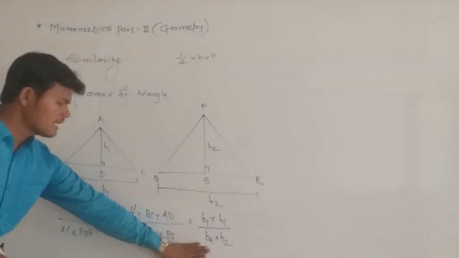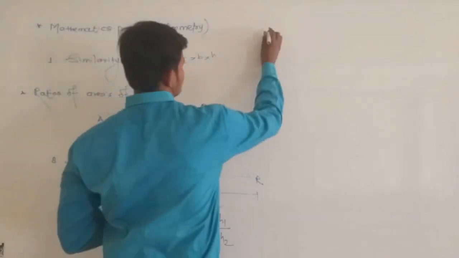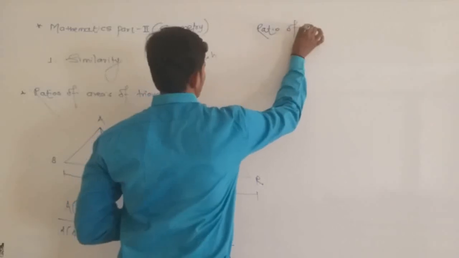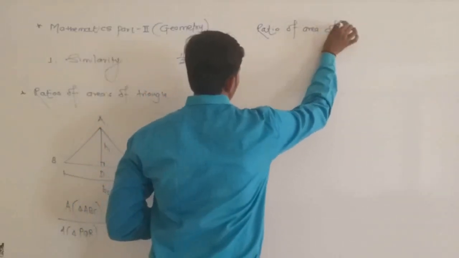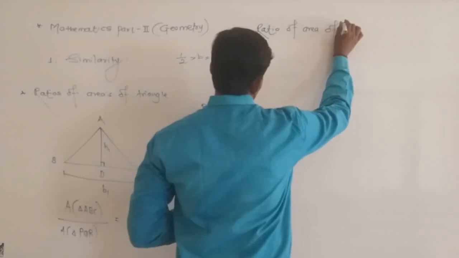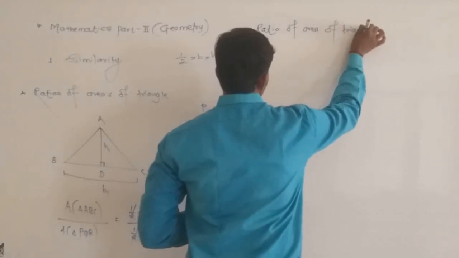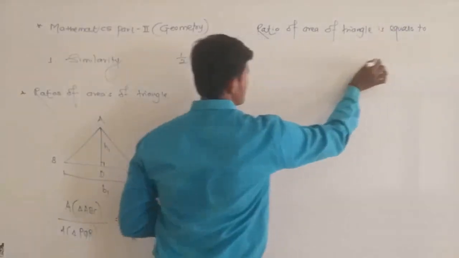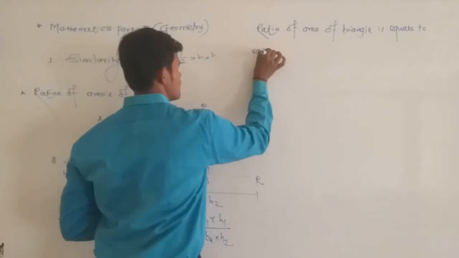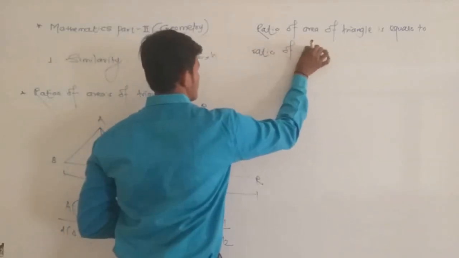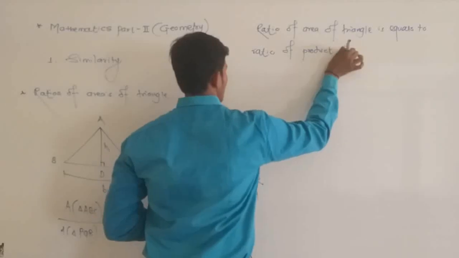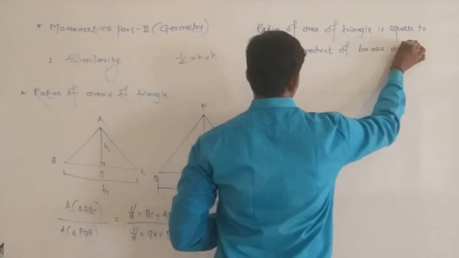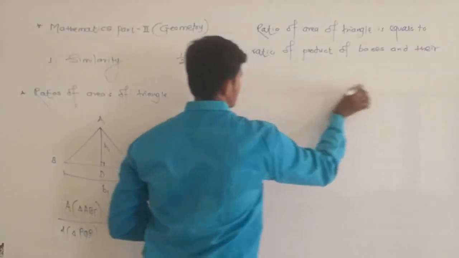So this statement can also be written as ratio of area of triangles is equal to ratio of product of bases and their corresponding heights.